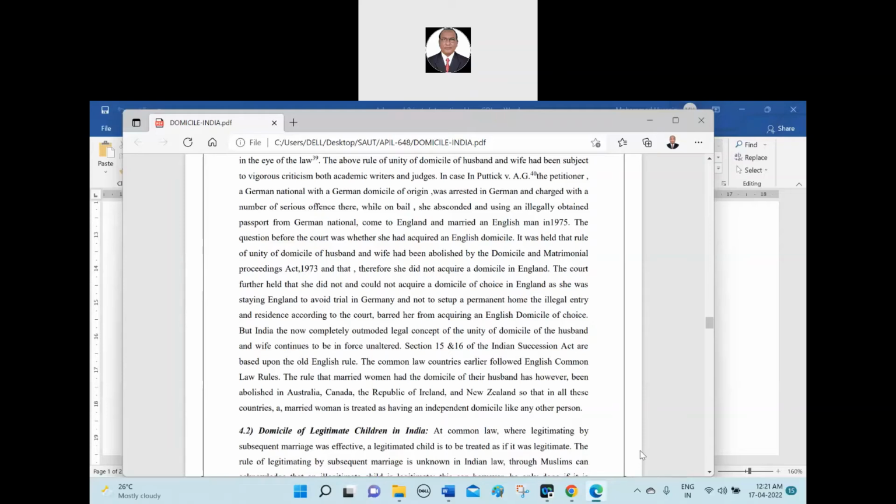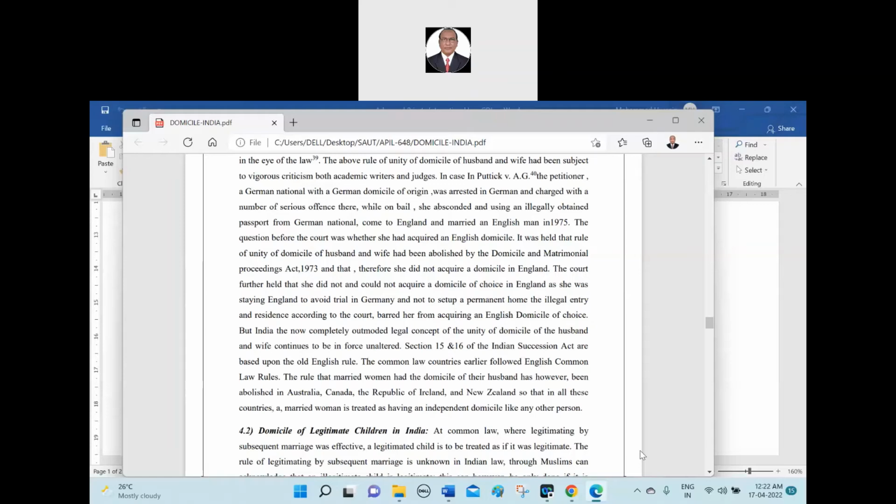The rule that a married woman has the domicile of her husband has, however, been abolished in Australia, Canada, the Republic of Ireland and New Zealand, so that in all these countries a married woman is treated as having an independent domicile like any other person. So people are doing mischief, coming to another country, marrying, and getting the domicile of their husband.